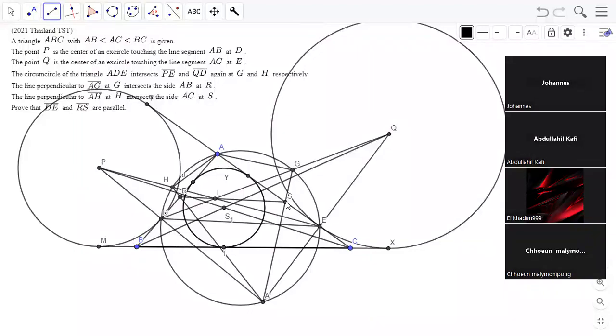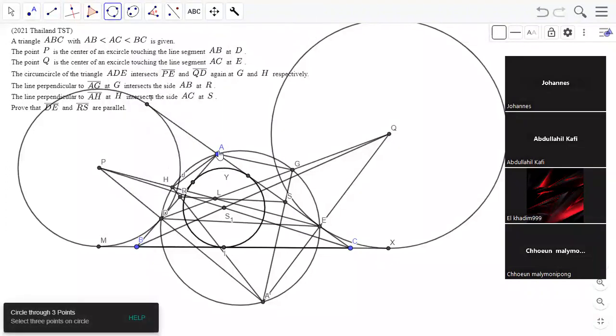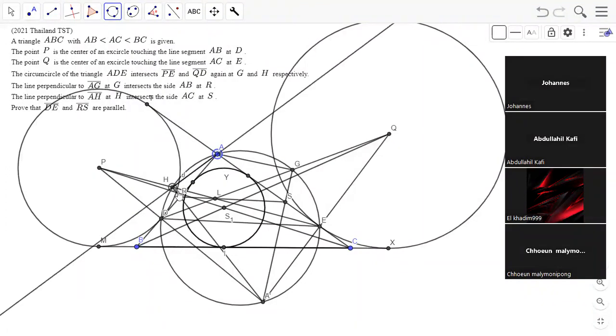So AHD A prime EG. And do we have any cyclic? Maybe AL's. Oh yeah, it looks like AL is perpendicular to RS.